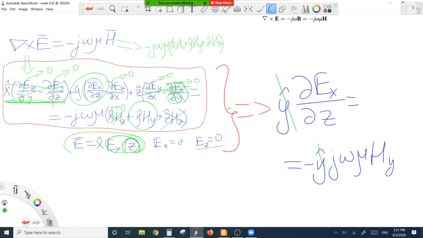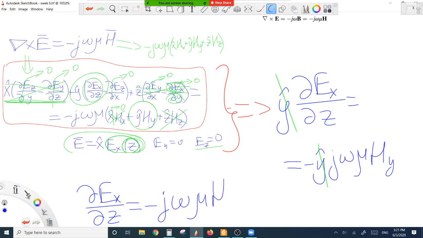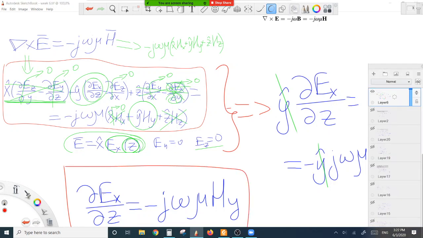We may simplify the unit vector y as well. So dEx over dz will be equal to minus j omega mu Hy.